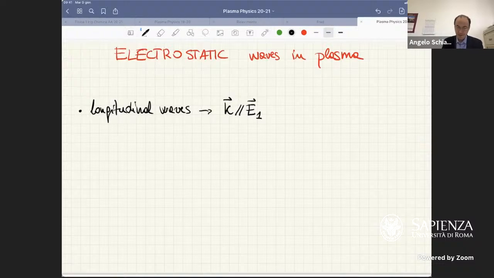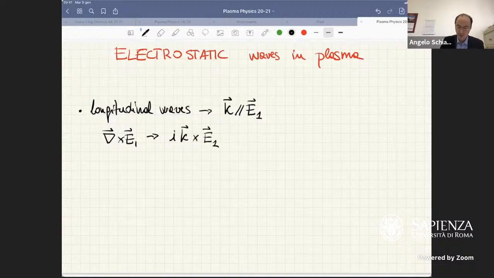And if this is true, let's have a look at the curl of E. The curl of E1 can be expressed as i k cross E1.